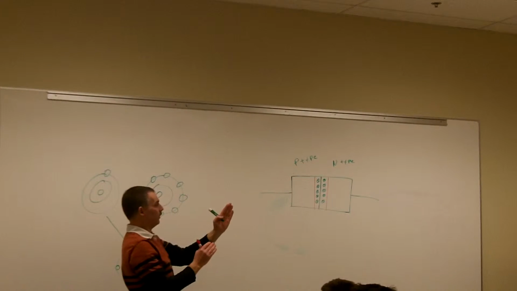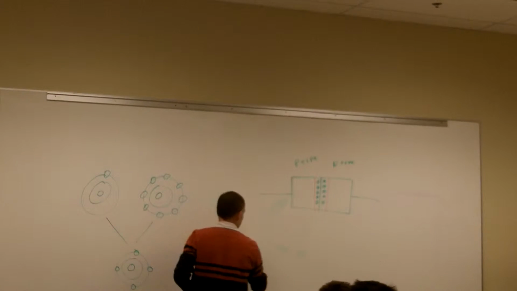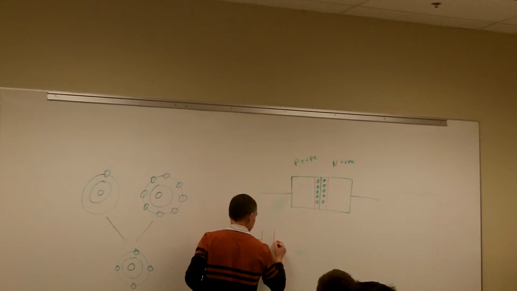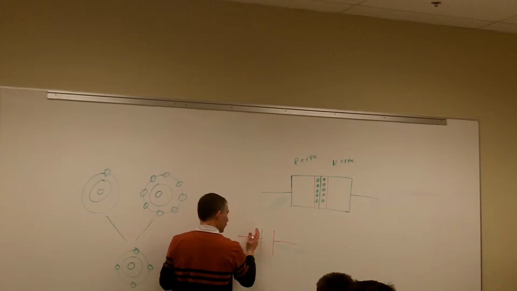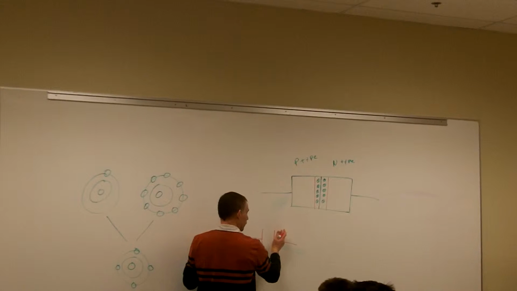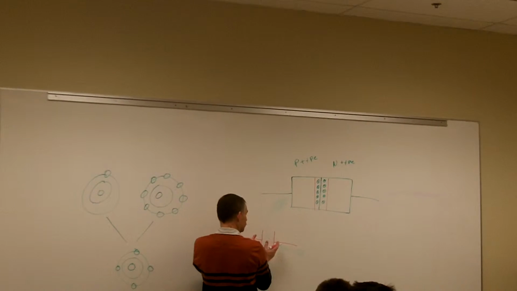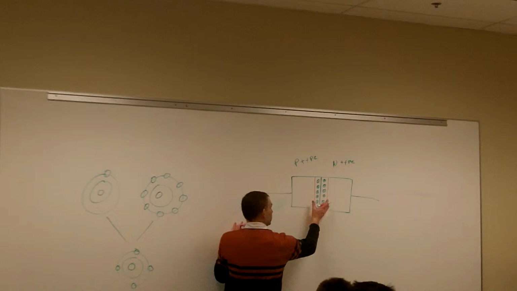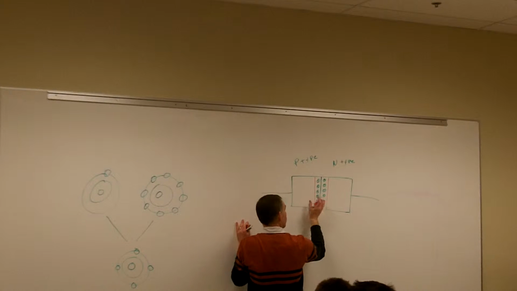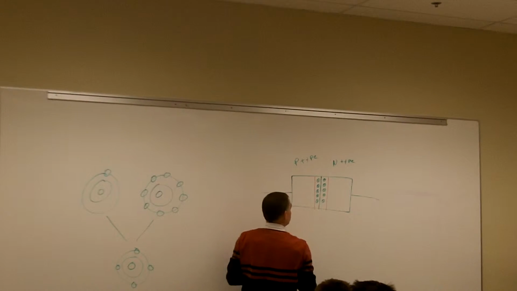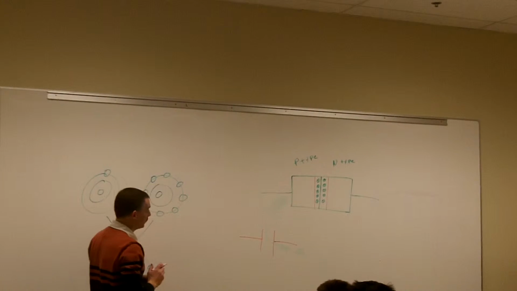Remember we had our 2 plates that are separated by air or paper or something like that, and all the electrons wanted to stay on one side and all the protons wanted to be on the other side, but they couldn't really jump that gap. That's exactly what's going on here. They really can't jump that gap, but they're all being attracted to each other and creating that barrier potential.